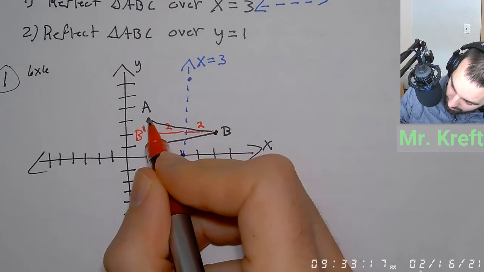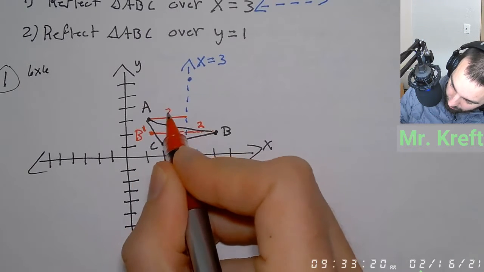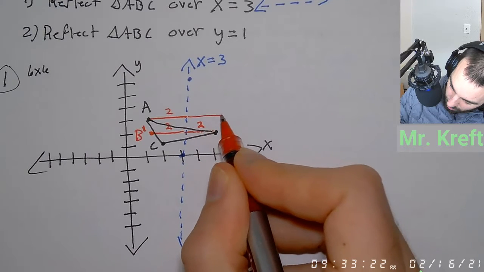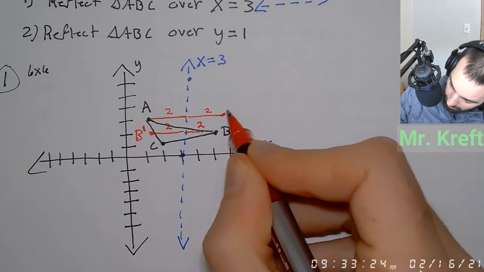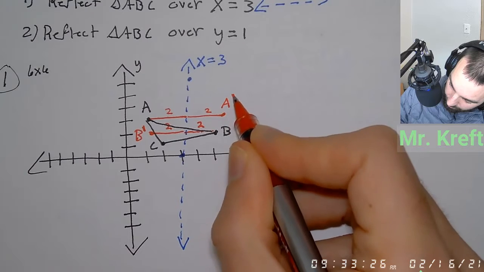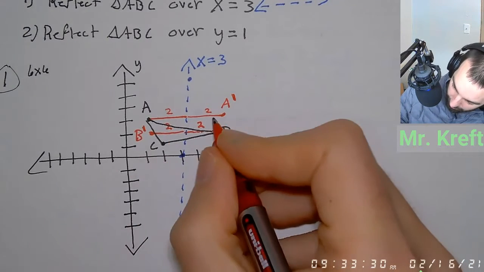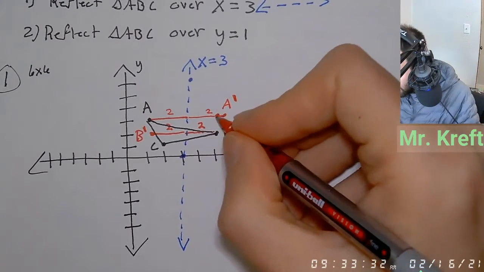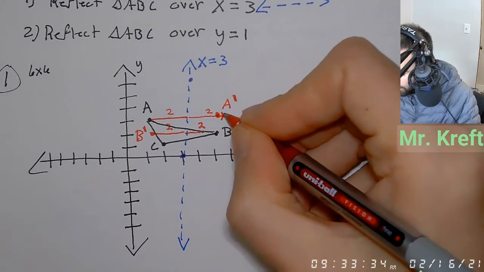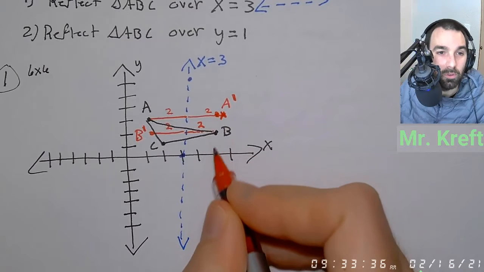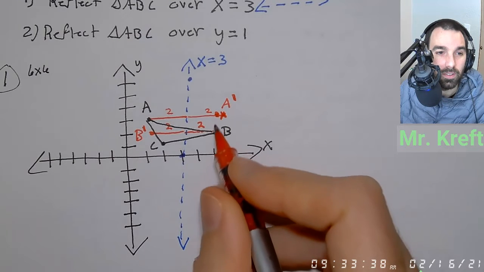Okay, let's try the A. So the A is 2 away, so now it's going to go 2 over, and so this is my A prime. Oops, I maybe went too far with that here. I'm at an angle. There we go. I'm just going to put an X there. So my A prime is right there.